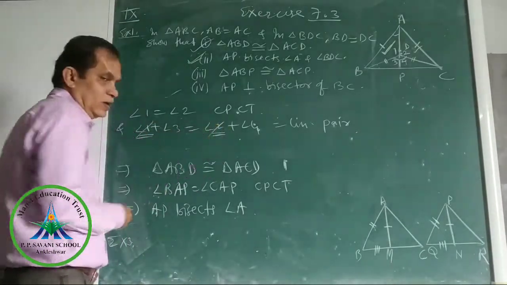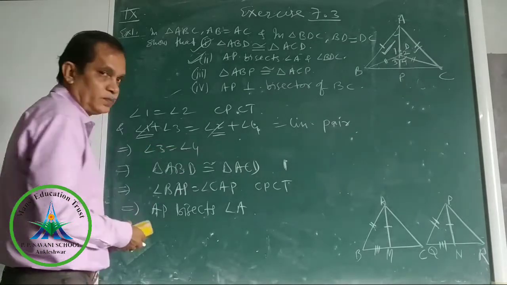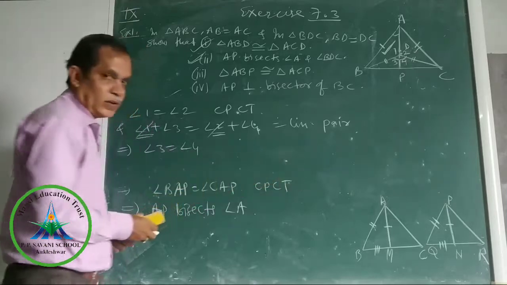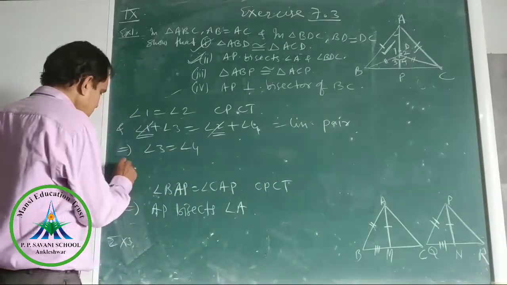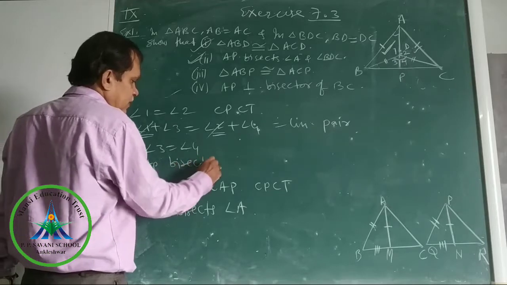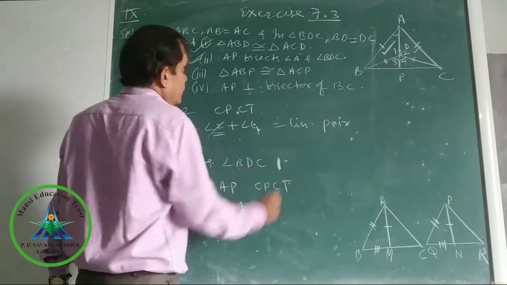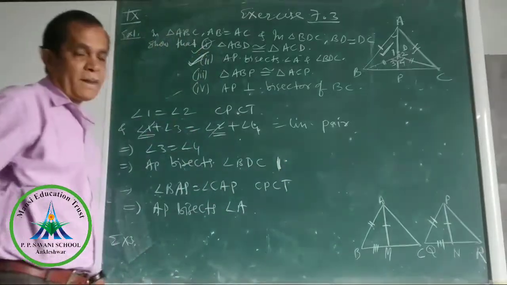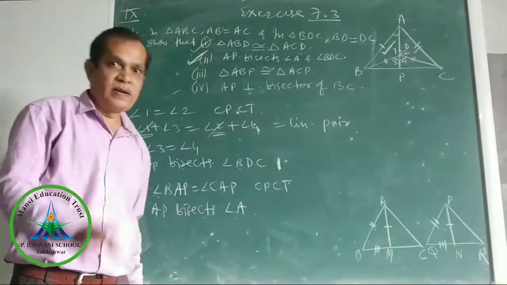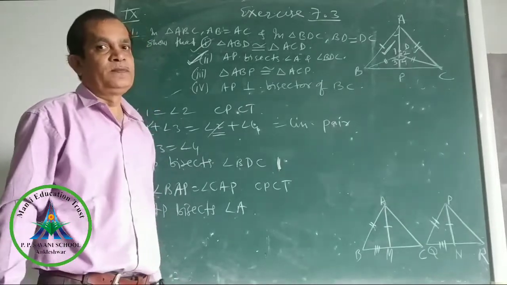We can cancel. This implies angle 3 equal to angle 4. If angle 3 equal to angle 4, this implies AP bisects angle BDC. Your second part is over. The second part is completely based on simplicity and linear pair. You have to concentrate.